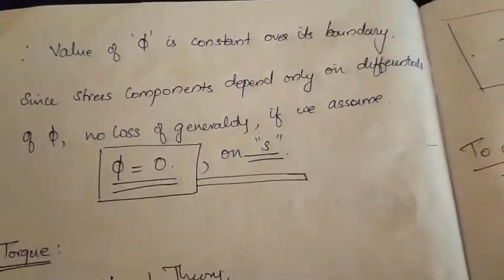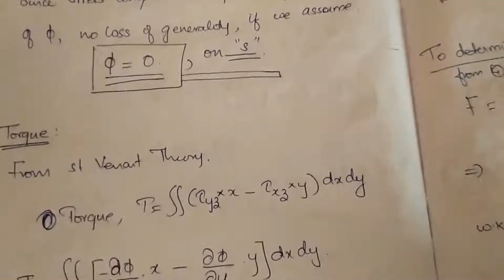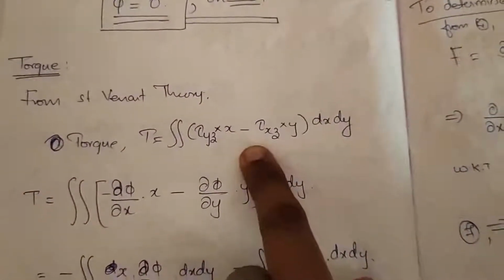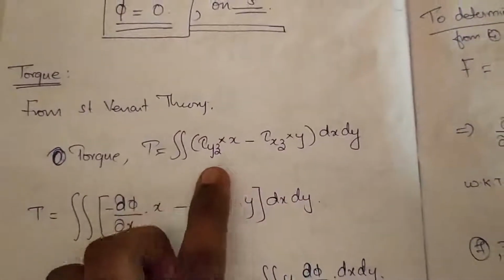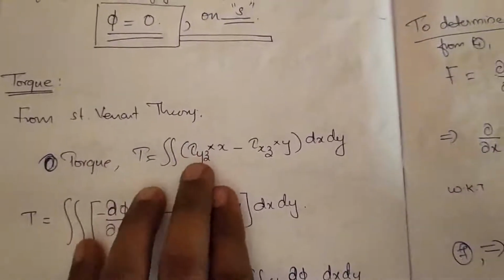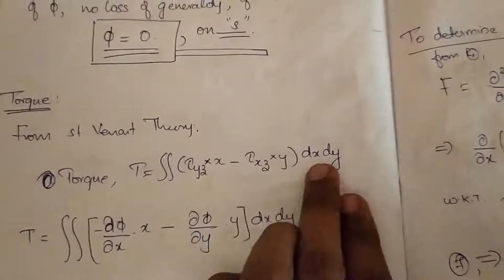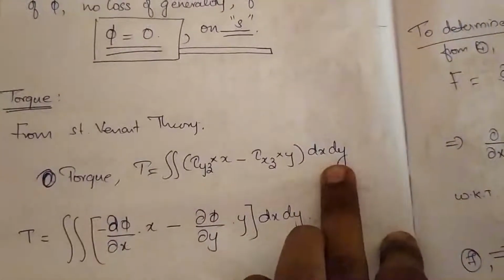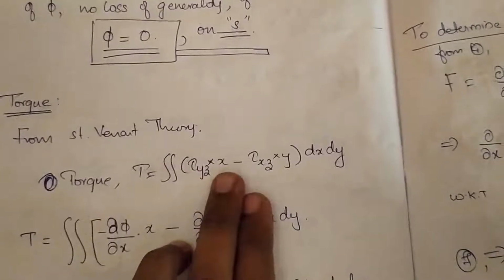Now we'll continue and we'll find out the torque. This torque equation is the same equation that we found from Saint-Venant theory. You can remember it like this: tau yz is the stress, dx dy is area. Stress into area is force, force into perpendicular distance.